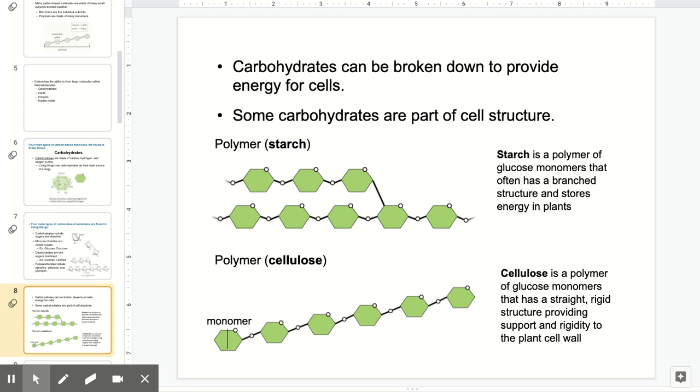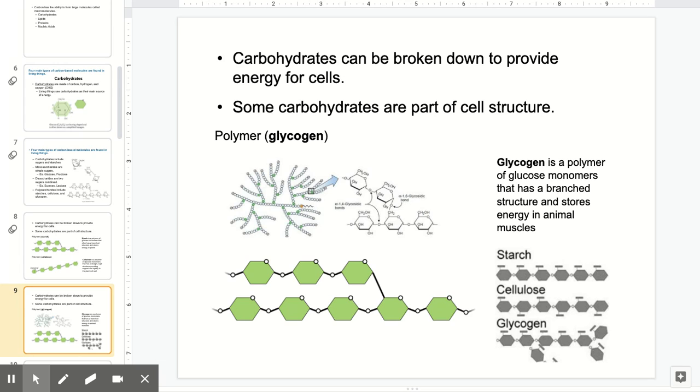Cellulose gives plant cell walls their rigidity, their toughness, and it's hard for humans to digest it. But herbivores, animals that eat plants, are really good at digesting cellulose, and using the energy that's stored in there.